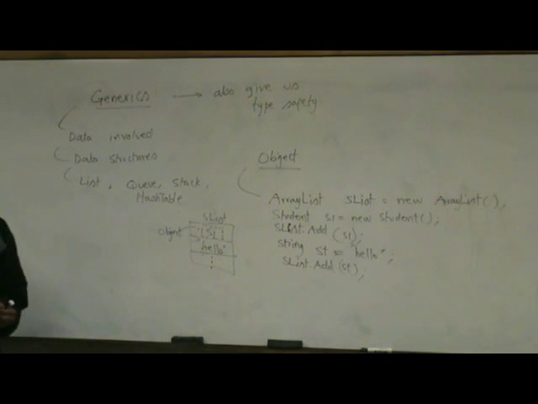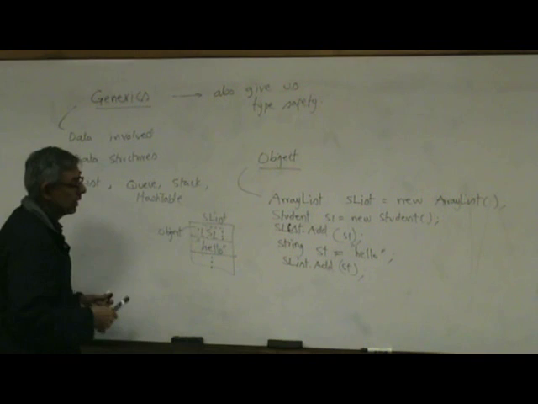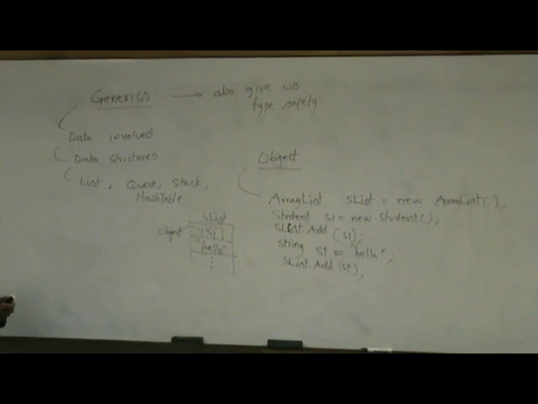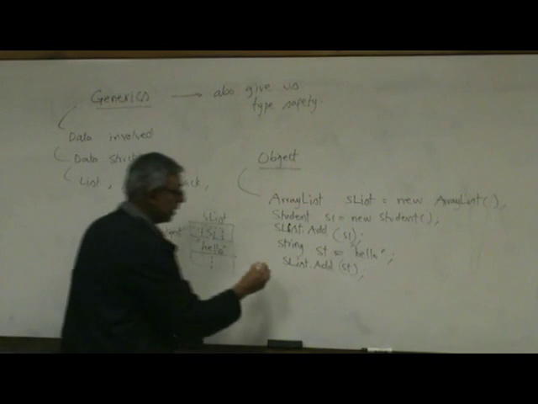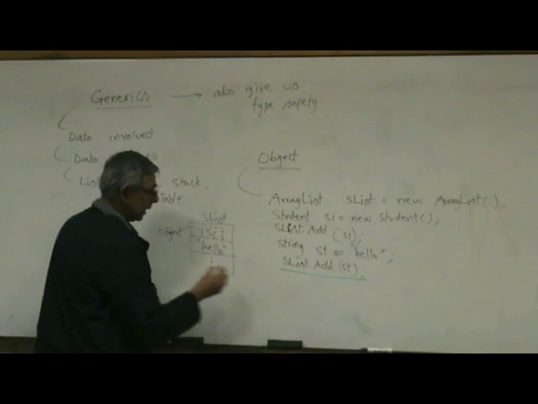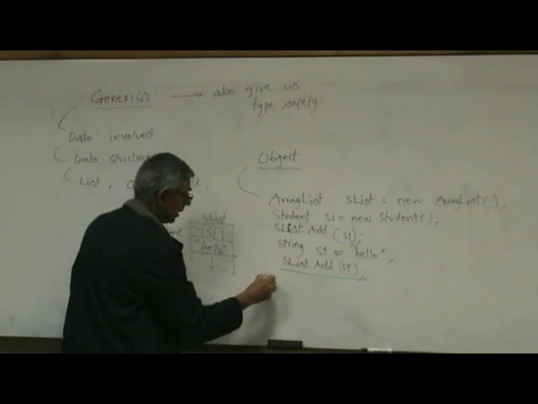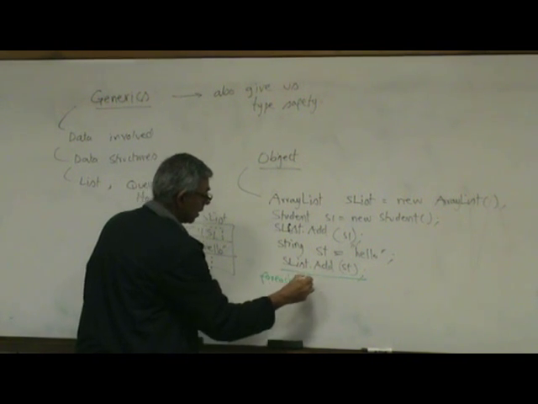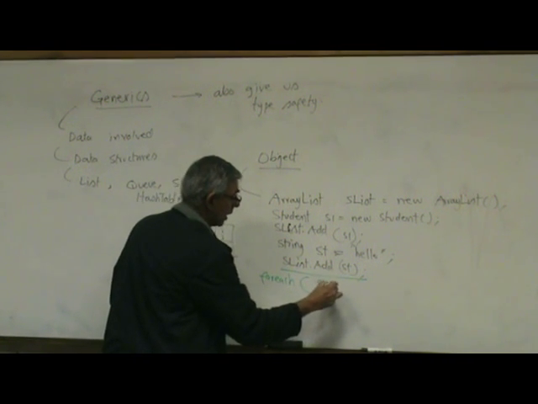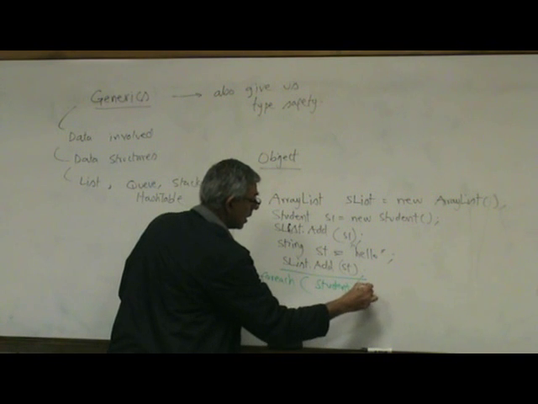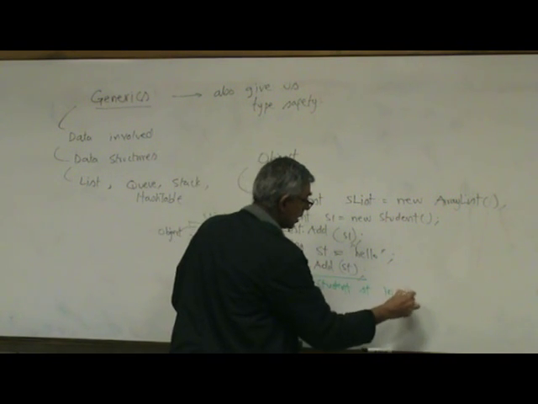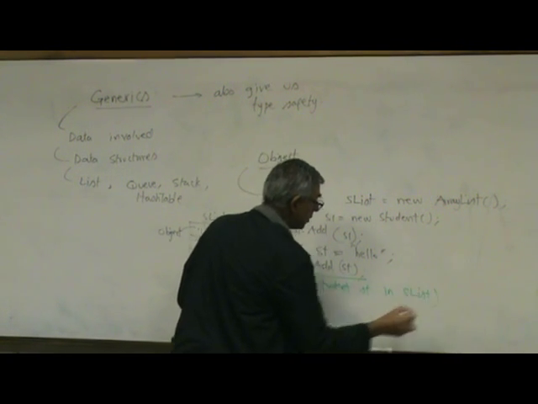So now, if we wanted to write code to go through the ArrayList, and if it's a student, call the compute grade on it, what will our code look like? We will say for each. Can I do something like this? Student st in slist. Will this work?